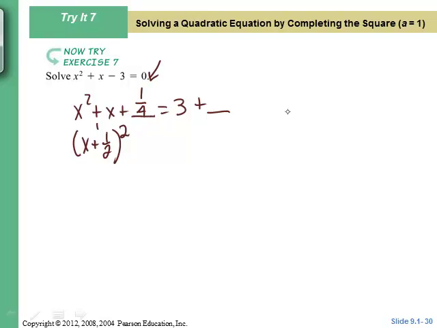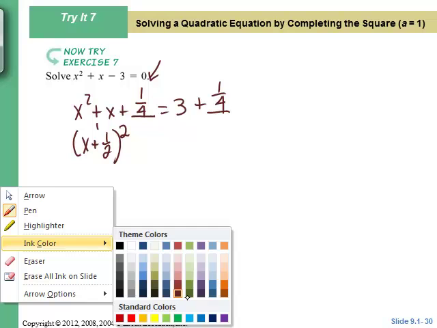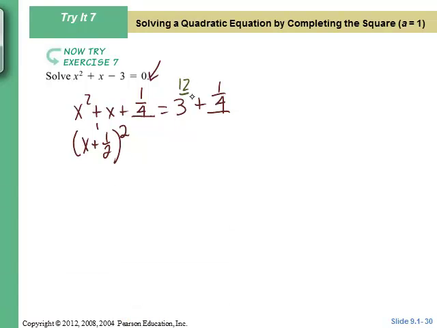Always leave this as a fraction. Now, to do that, you're going to have to change this to 12/4. 12/4 plus 1/4 is 13/4.